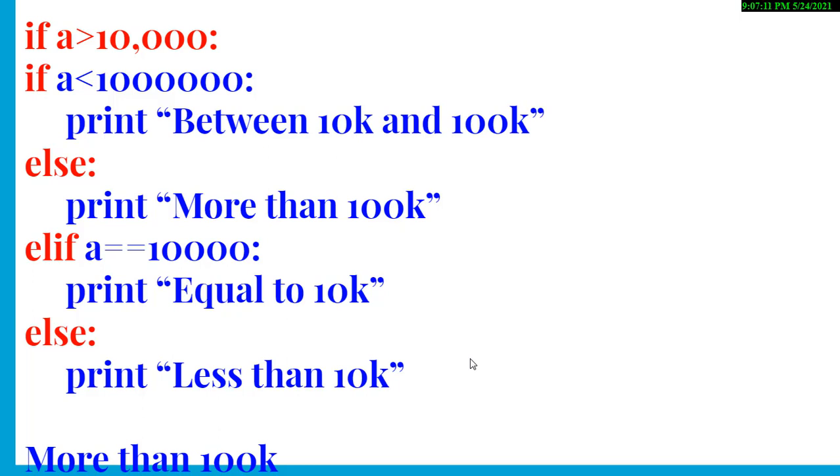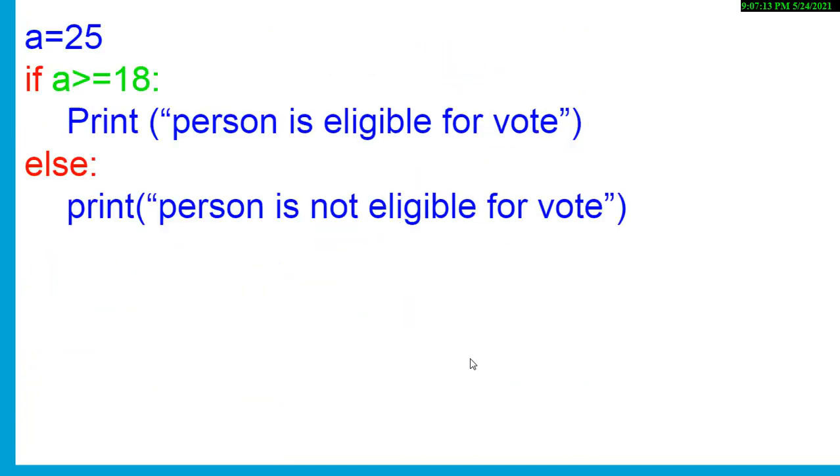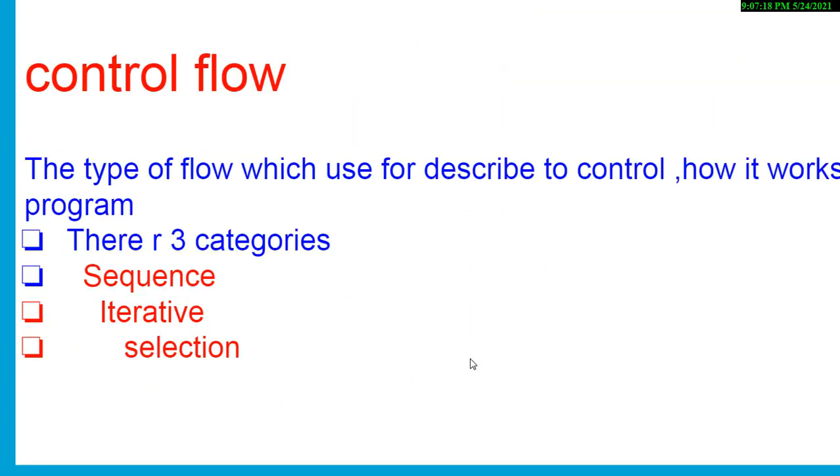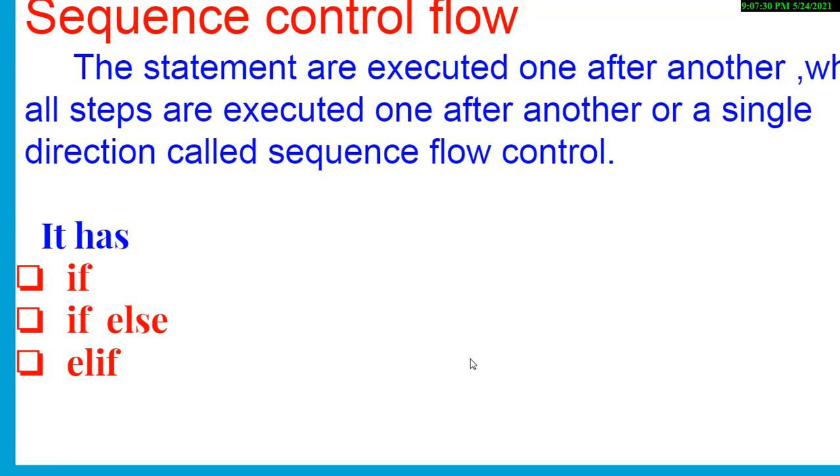Okay, so we'll just rewind and have a look at what all we have studied. First thing, control flow. Control flow suggests how the program has to be run in a controlled and systematic manner, depending upon the categories that are sequence, iterative and selection. We have seen the selection control flow, wherein we have if, if else and elif.